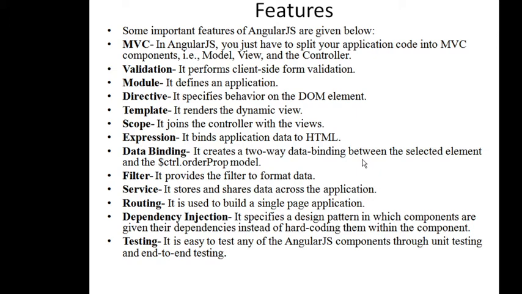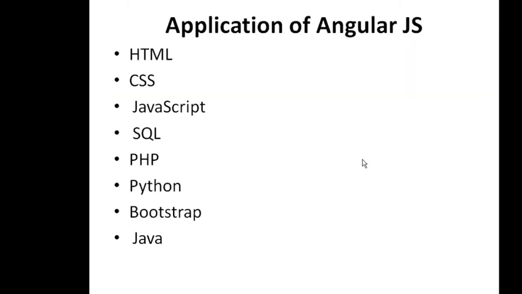There are various test cases available for testing any application, such as unit testing, strength testing, stress testing, load testing, etc. These are the testing methods. Through these testing methods, the one which is very useful for AngularJS is unit testing. Those are the features or advantages of AngularJS.